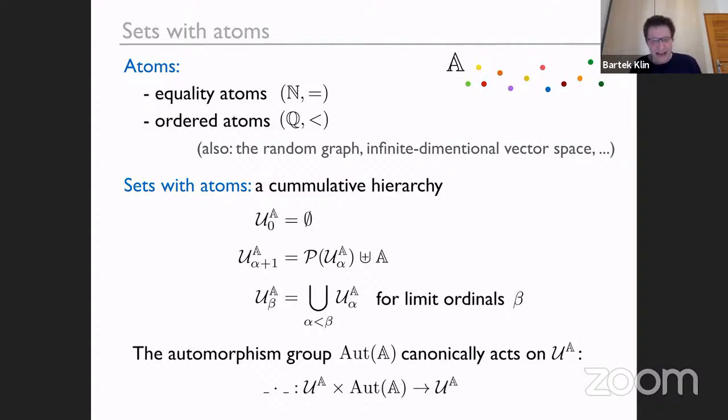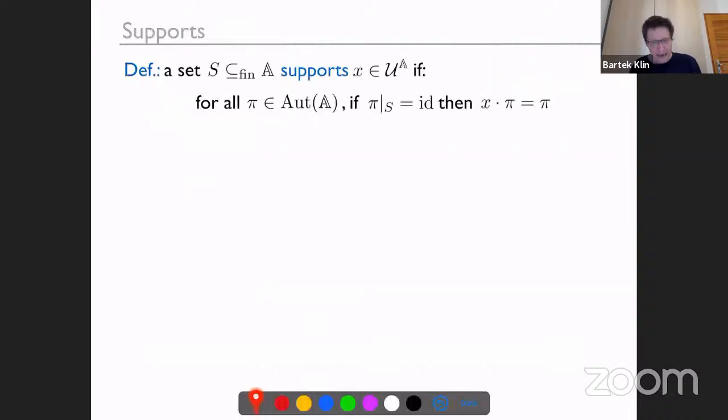We say that a finite set of atoms S supports something X in the universe if whenever I have a bijective renaming of atoms that happens to fix everything in that set S, then it also fixes the object X. Okay. Then we say that the set S supports X. That's the definition.